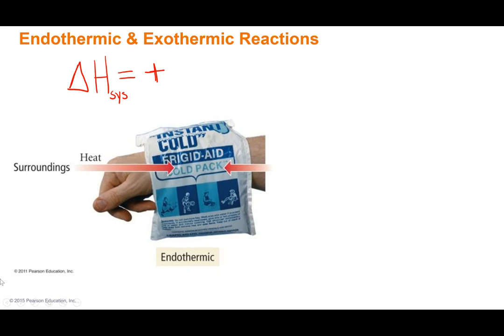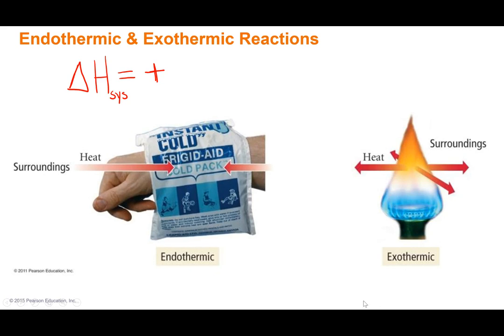All right, for an exo. The other one is an exothermic reaction. In an exothermic reaction, enthalpy is exiting our system. If energy is exiting the system, we're going to feel that energy exiting by it getting warm. Okay.